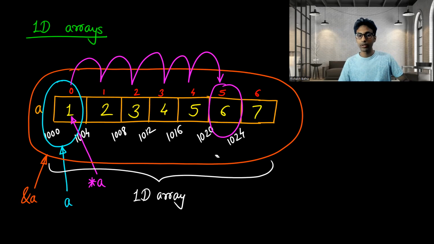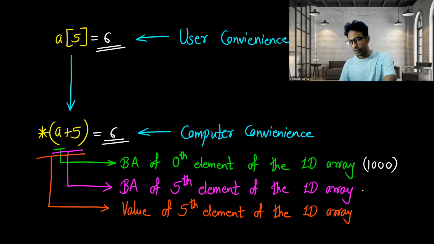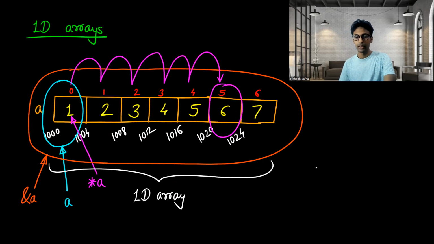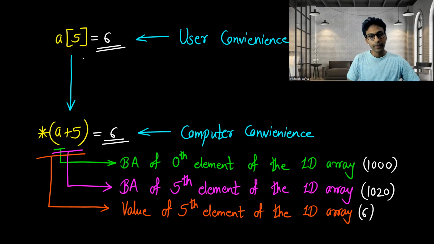Right now we are pointing to 1020. I'll state it on the next slide. But the value of the fifth element of the 1D array is 6. So that is how we got 6. Right now what we did: A plus 5 equals 1000 plus 5.